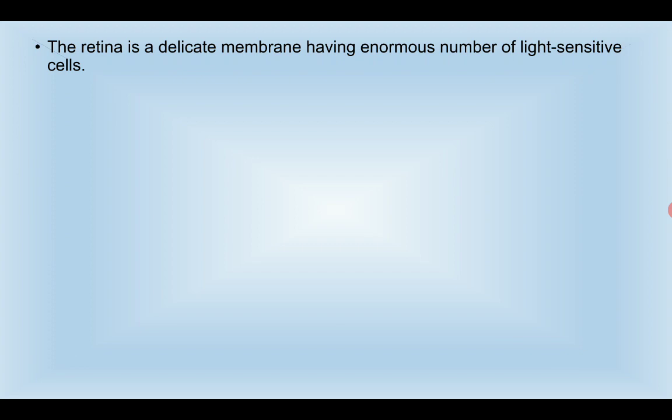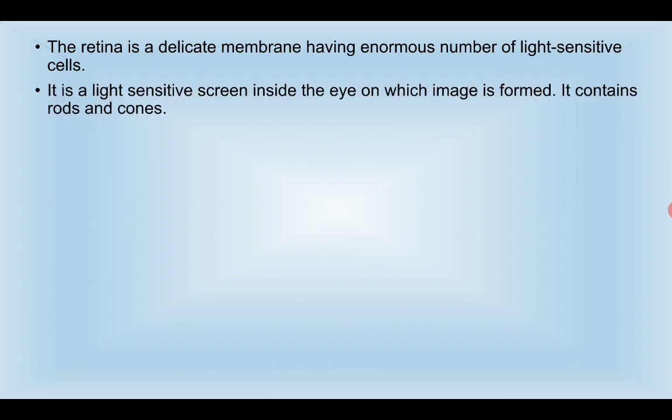So basically the retina is a delicate membrane having an enormous number of light sensitive cells. So these rods and cones are the light sensitive cells. And this is the screen inside the eyes where the image is formed.